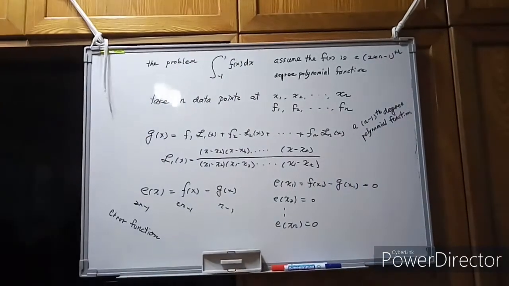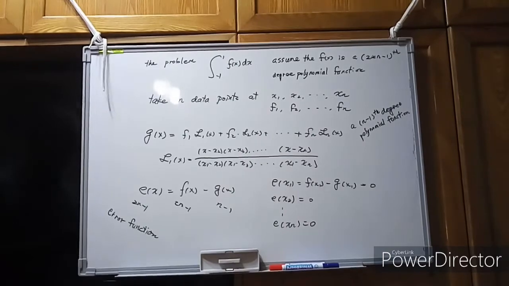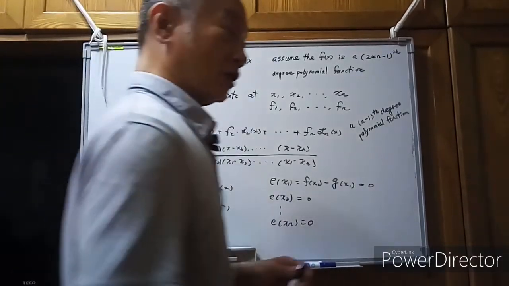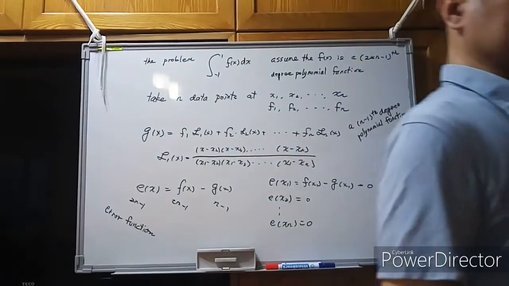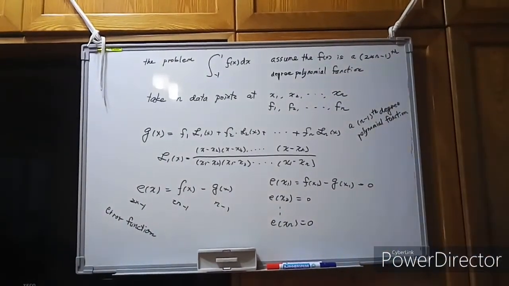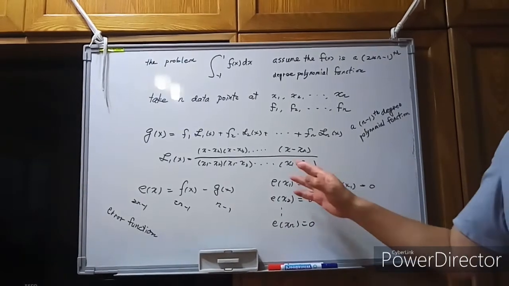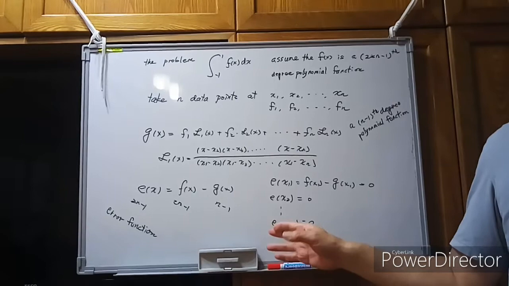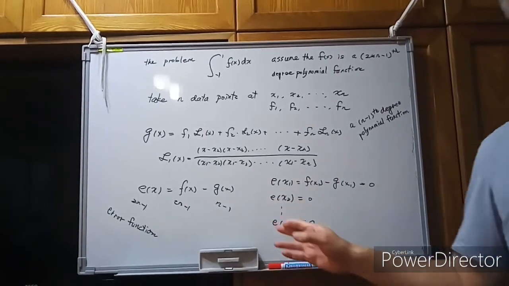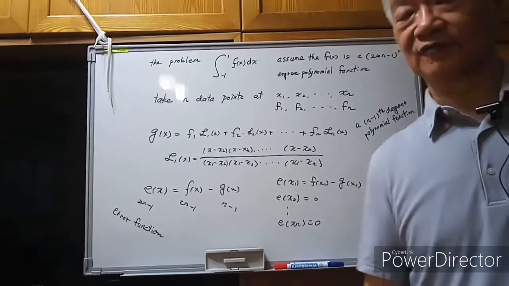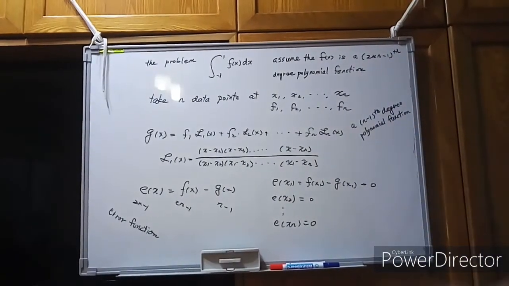Okay, although these two functions are different, we know the g of x is established from the n data points, so we can guarantee that for all these n data points, we get zero value of the error function.